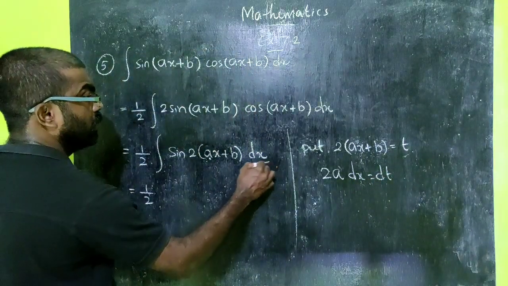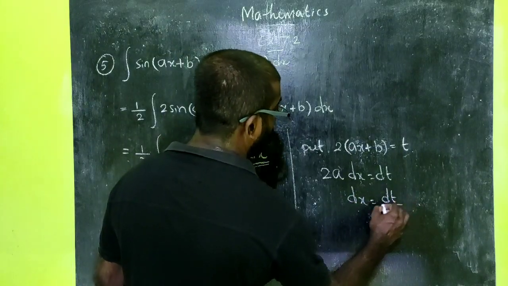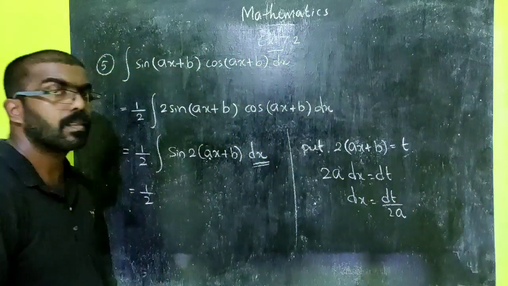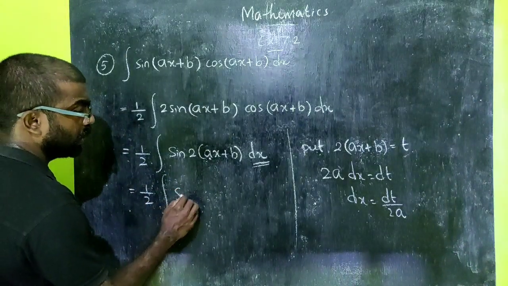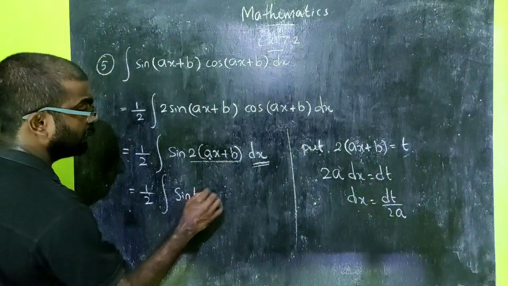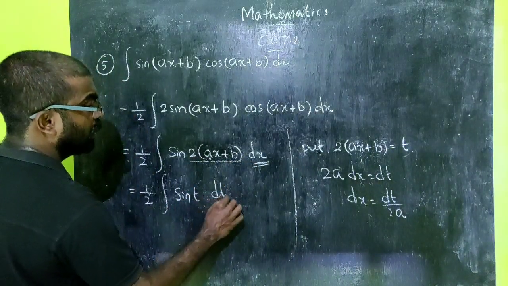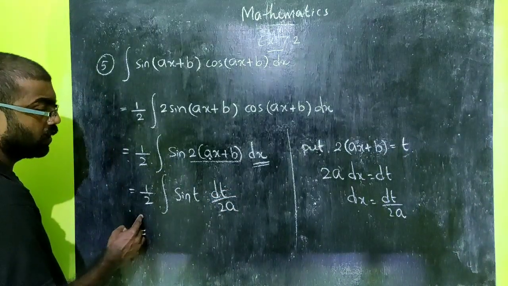But here the only term is dx. So dx is equal to dt by 2a. Clear? So here we can write integral sin, this term we take as t. So sin t into dt by 2a. This 2a we can take it out.